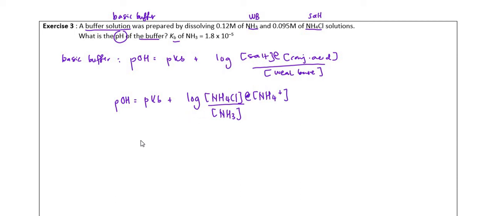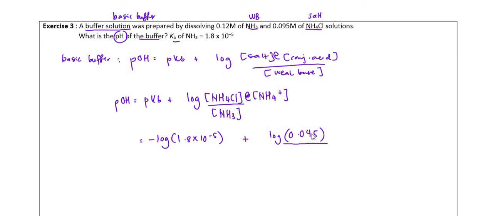So pOH equals, P is negative log, Kb is 1.8 exponent negative 5, plus log concentration of ammonium chloride, which is already given as 0.095. Remember, here it is concentration. If it is not given in concentration, you find the concentration first and then use this formula.